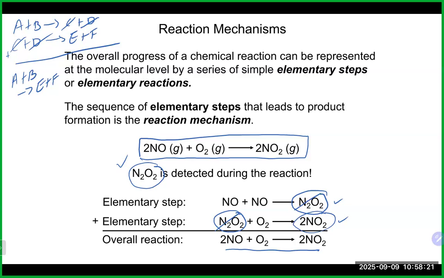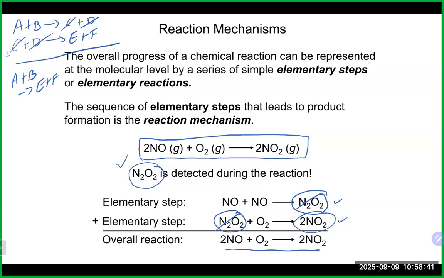And that is what is sometimes referred to as an intermediate. And an intermediate in a reaction mechanism is something that basically gets formed early on, but does get completely used up at the end of the reaction and is actually not present at the end of the reaction.